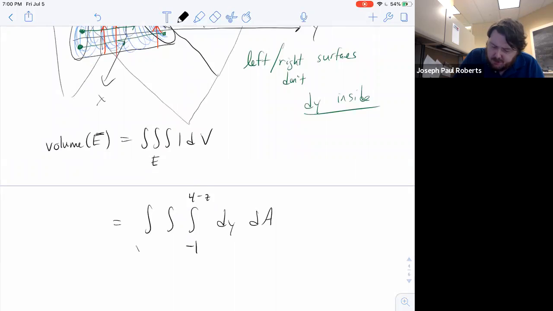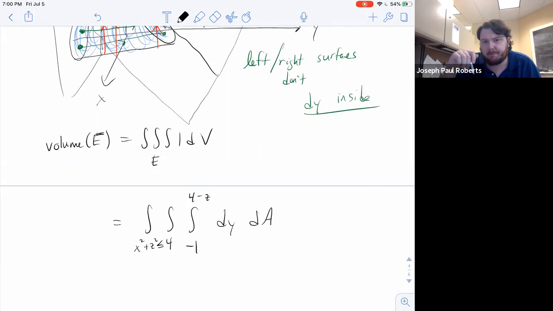And then I showed you on Tuesday that you don't have to write down the x and z bounds for this sort of thing. It'd be a mess, right? Because you'd have to say that z starts at minus square root of 4 minus x squared and goes to plus square root of 4 minus x squared.